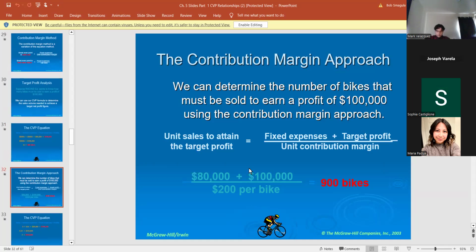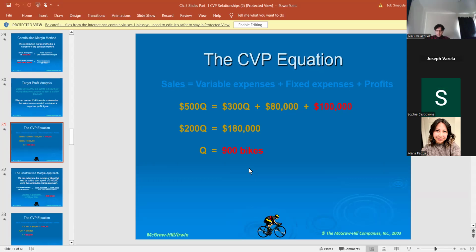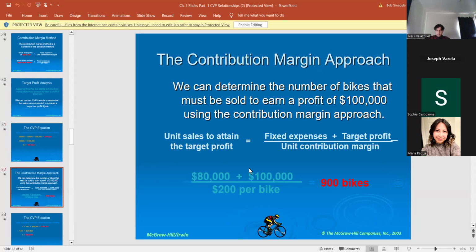This is the way to do it, guys, okay? The contribution margin approach. You can use this, which I don't like, or this. What was our break-even formula? Fixed expenses divided by the contribution margin per unit. It was 80,000, and we divided it by 200, and we came up with 400.